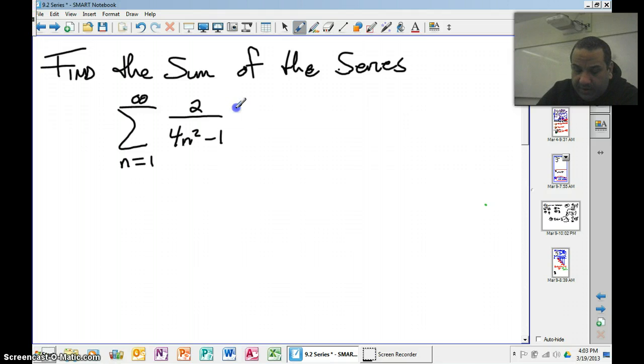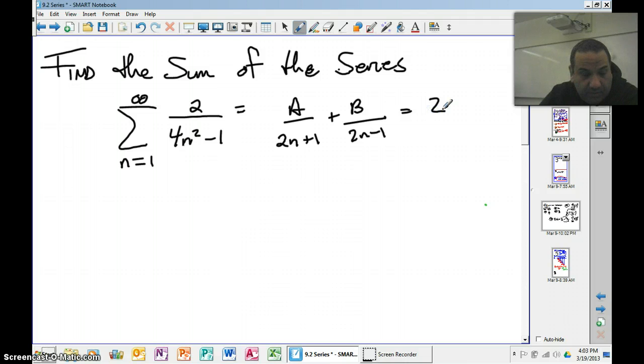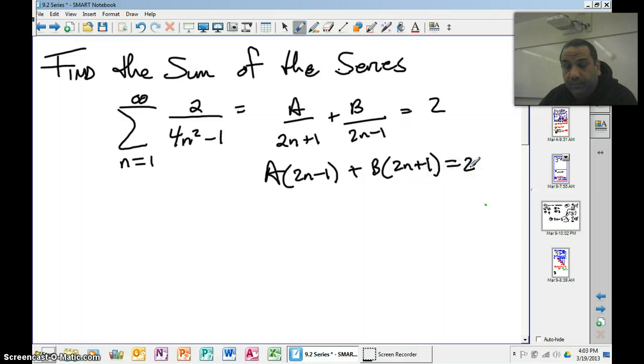All right. I'm going to make this the same as a over 2n minus 1, the difference of two squares, plus b over 2n plus 1, and when I add them up, I get something equal to 2. So I'm going to get a times 2n plus 1 plus b times 2n minus 1, and this equals 2.